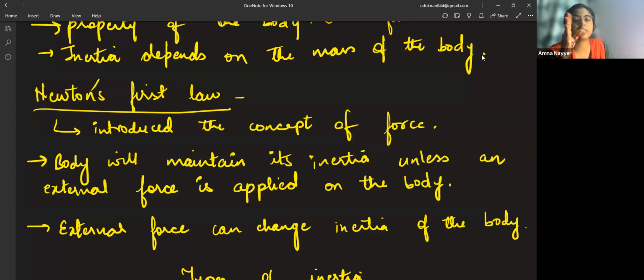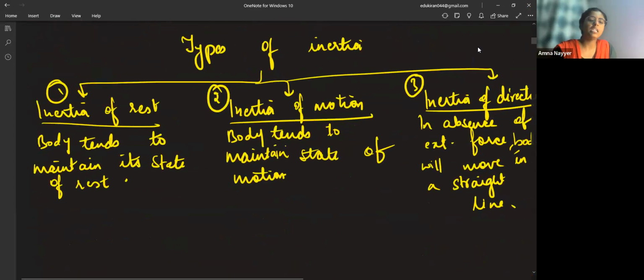Newton's first law introduces you to the concept of force. First law is all about inertia, so if you study inertia in detail, you are studying Newton's first law. Before coming to Newton's first law, we will discuss the types of inertia: inertia of rest, inertia of motion, inertia of direction.